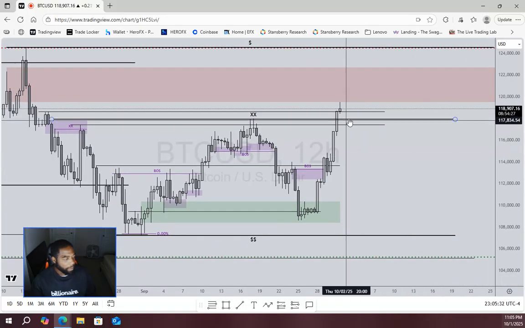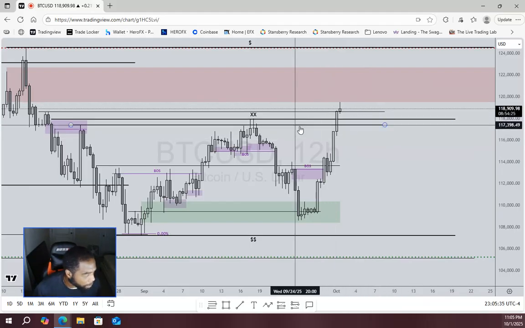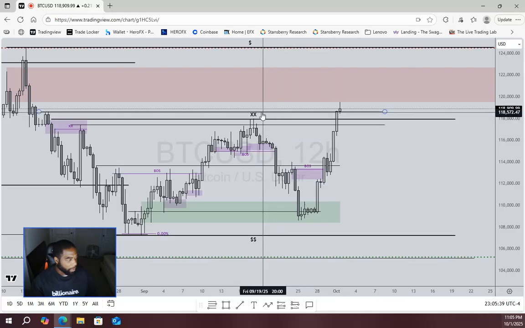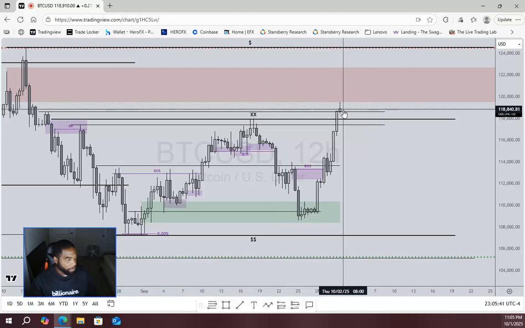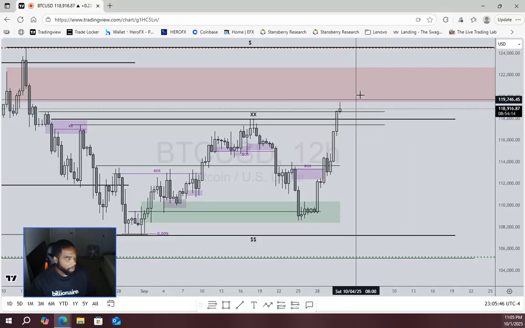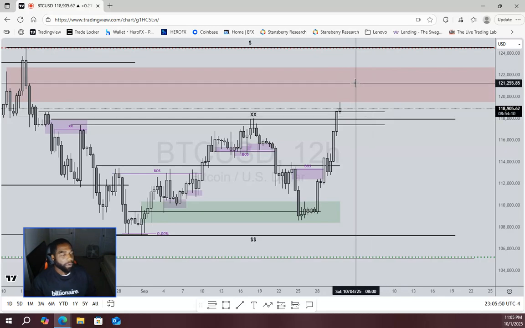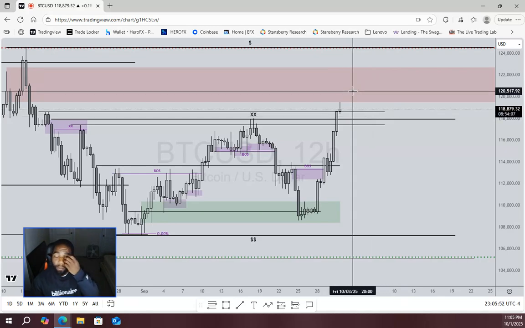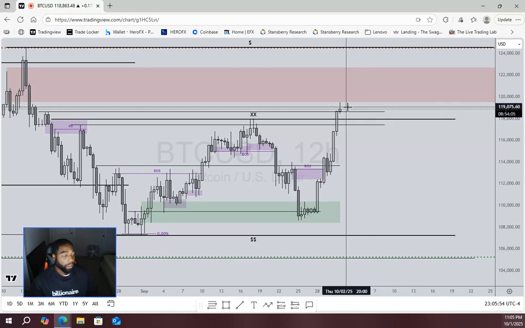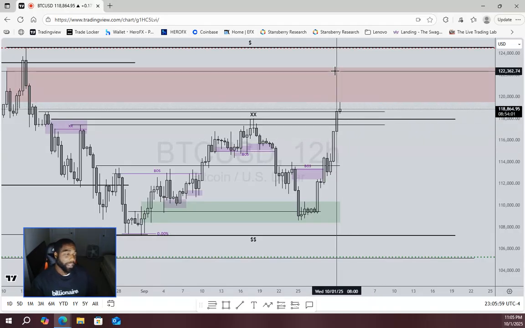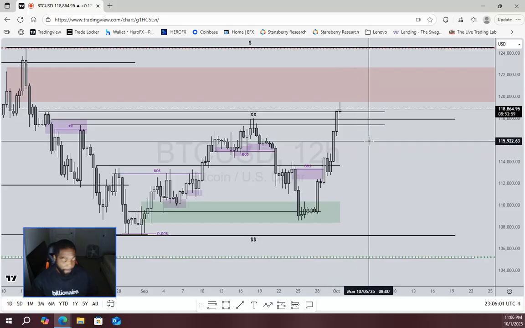So we can see on the 12-hour, it looked like price may have closed above this level. So, you know, looks like more upside. But again, this is where we will be analyzing price to see what price is doing at this level, because we can anticipate bearish price action coming here at this point.